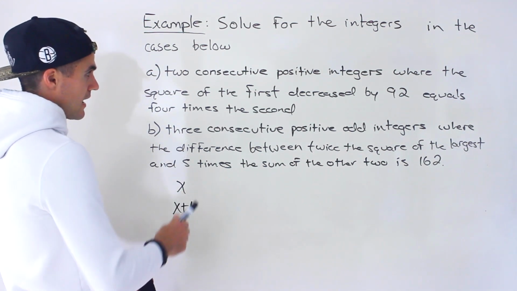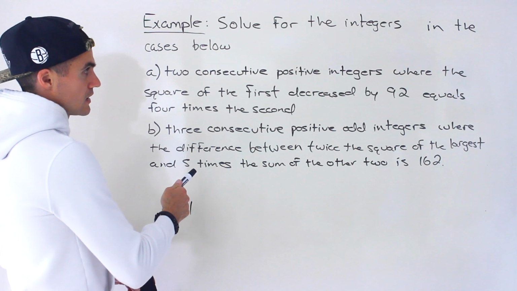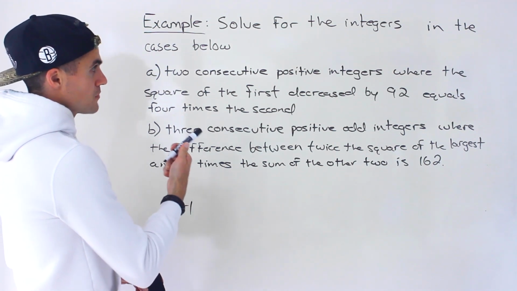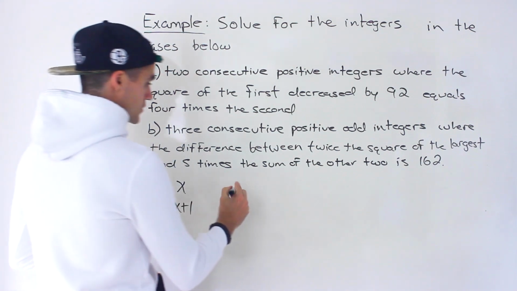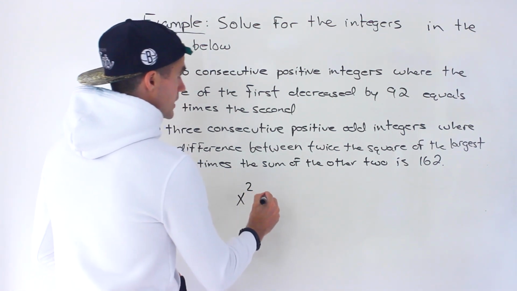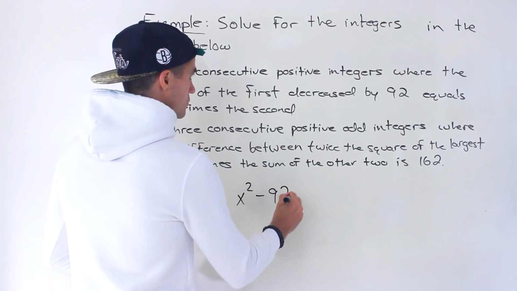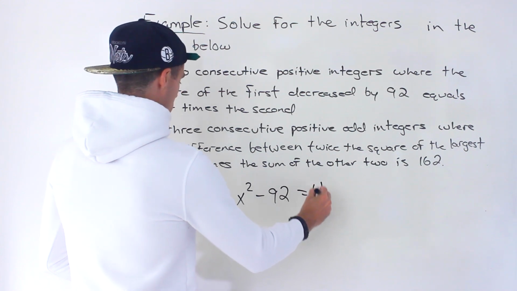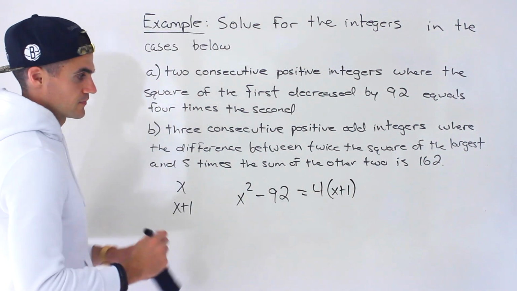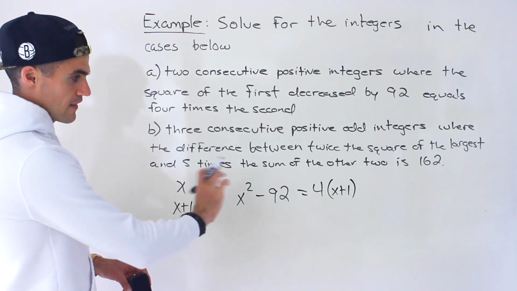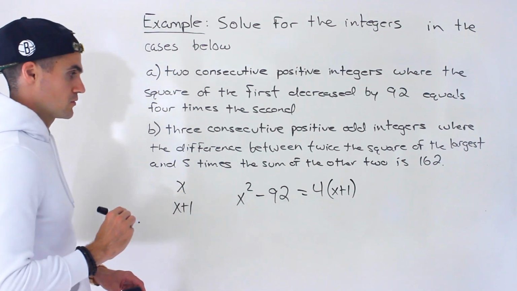Then we create an equation: the square of the first, x squared, decreased by 92 is equal to 4 times the second integer. That ends up being the equation that we would be solving here.